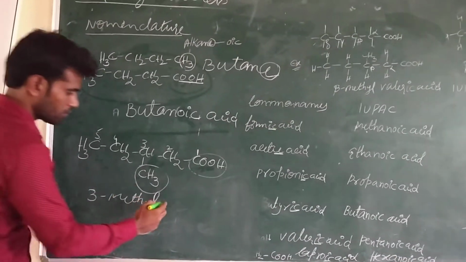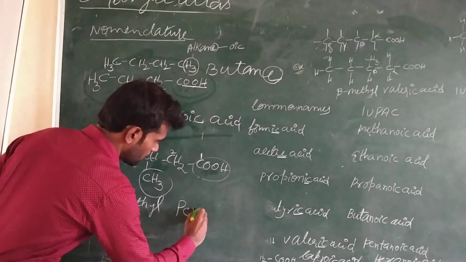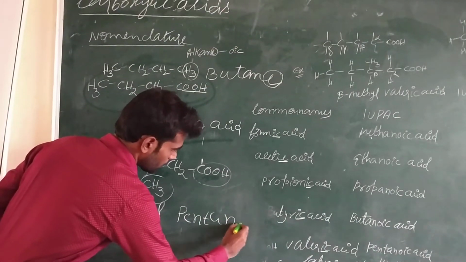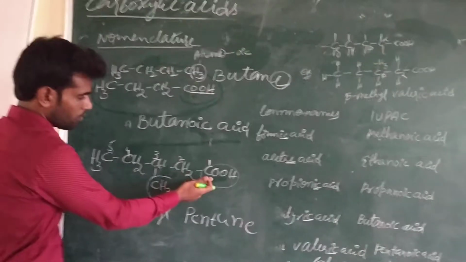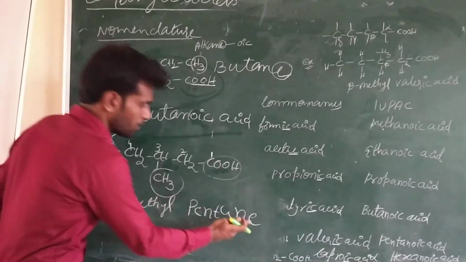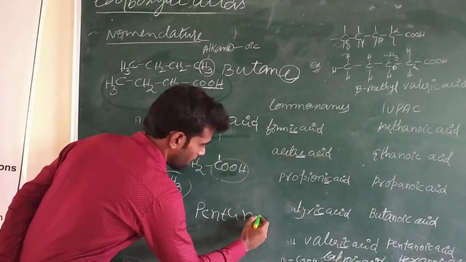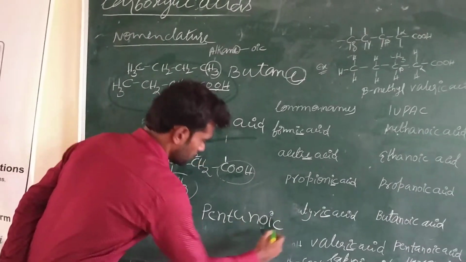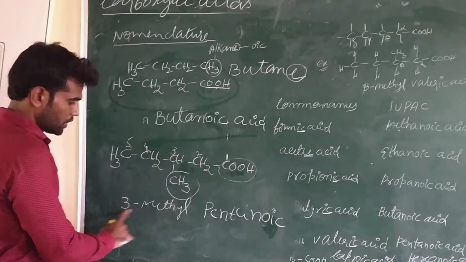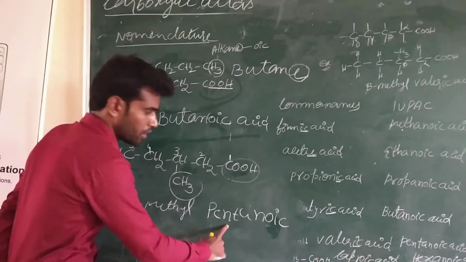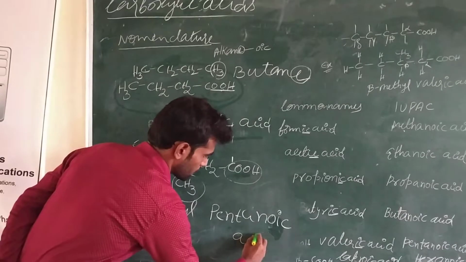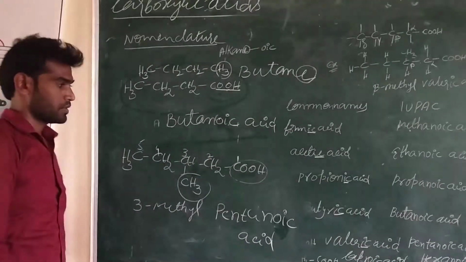So the parent compound is pentane, but we have a carboxylic acid functional group. So this E is replaced by OIC. 3-methyl pentanoic acid.